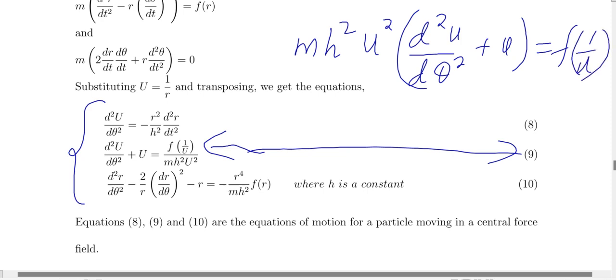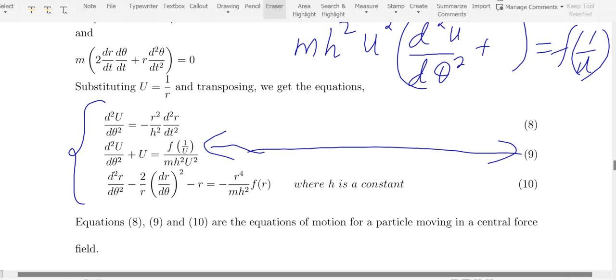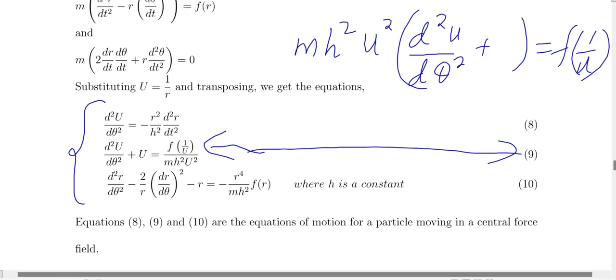In this expression, h is a constant, m is a constant, and u is equal to 1 over r, where r is the distance of the particle from the origin.